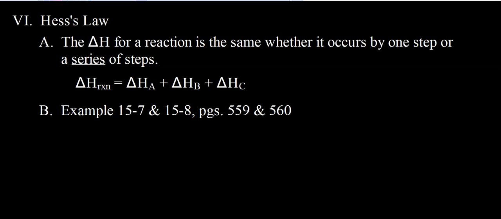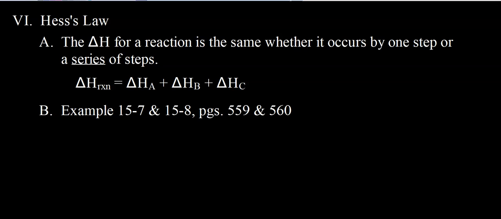Let me show you what I mean. Take a look at page 559. We're asked to determine the delta H for that reaction: carbon plus hydrogen makes methane. All right, turn the page. You're given these three equations, these three reactions. Carbon reacts with oxygen to make carbon dioxide, hydrogen reacts with oxygen to make water, and methane reacts with oxygen to make carbon dioxide and water.